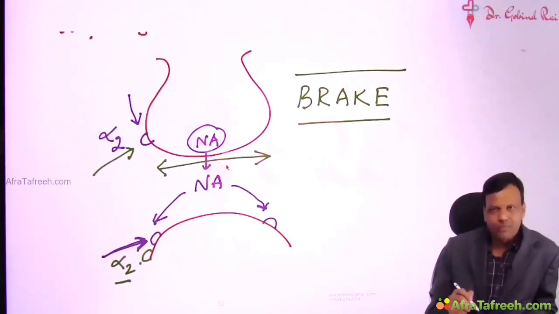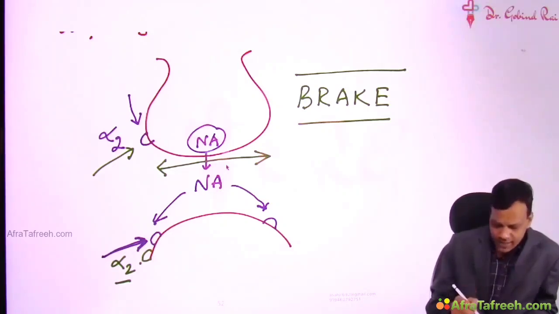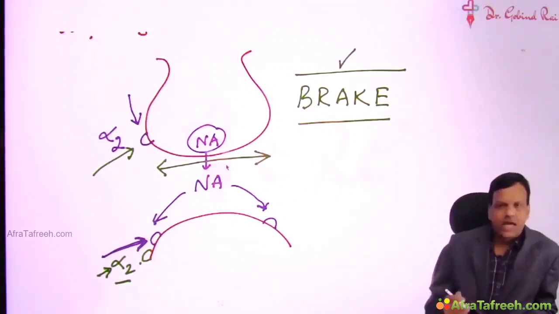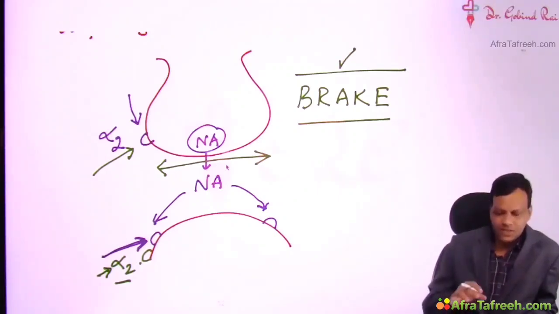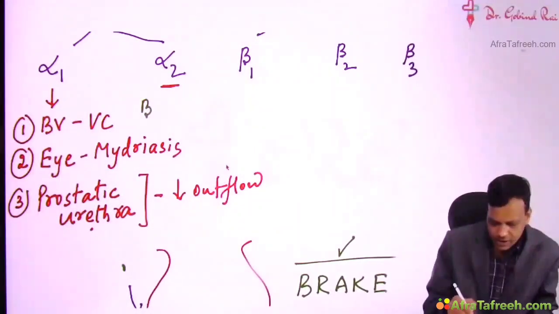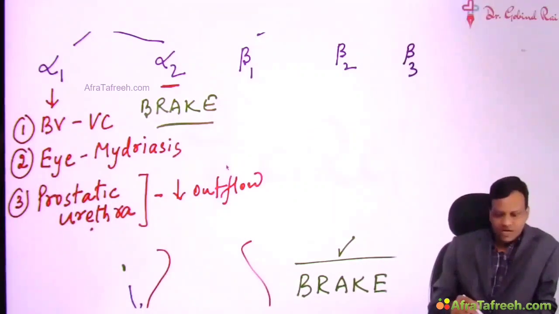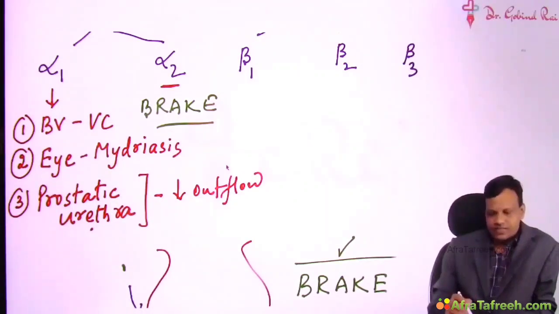So you can simply remember postsynaptic alpha 2 is equal to alpha 1. But they are very few, so no need to remember. Mainly you need to remember their action as a presynaptic receptor, acting like a brake. So alpha 1 receptor is present in blood vessels, eye and urethra, whereas alpha 2 is acting like a brake.